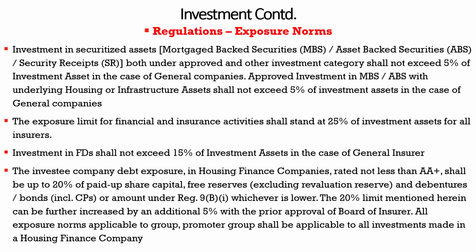The 20% limit mentioned herein can be further increased by 5% with the prior approval of the board. All exposure norms applicable to promoter group shall be applicable to all investment made in the housing finance company, meaning the exposure norms will be the same. In a housing finance company, if we are going to invest in debt, debentures, then it should not be rated less than AA plus.